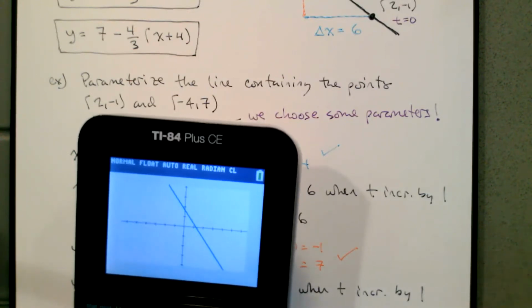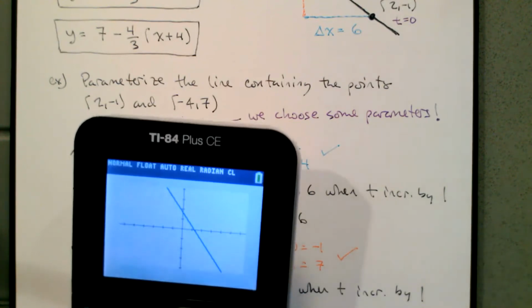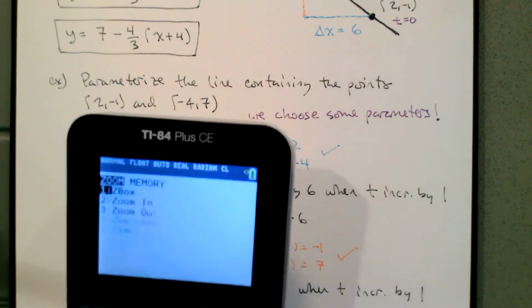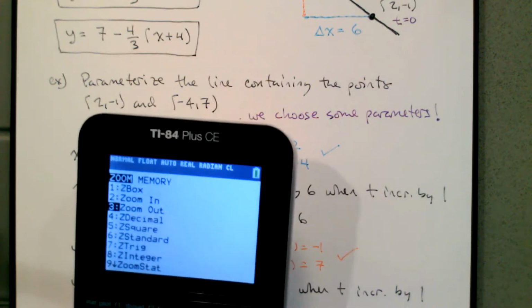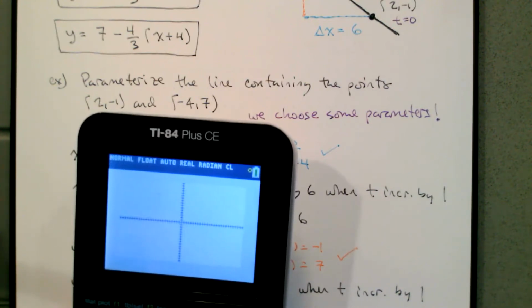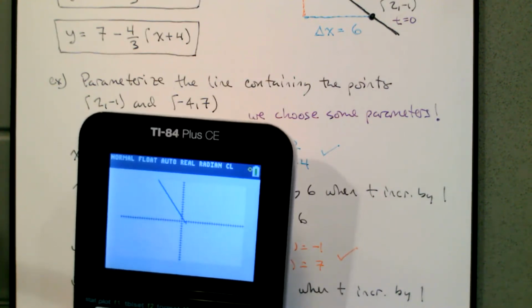Oh, we're not actually going to get the 2 points. I want -4, 7. So I need to expand my window. Let's zoom out. That was a little bit excessive.